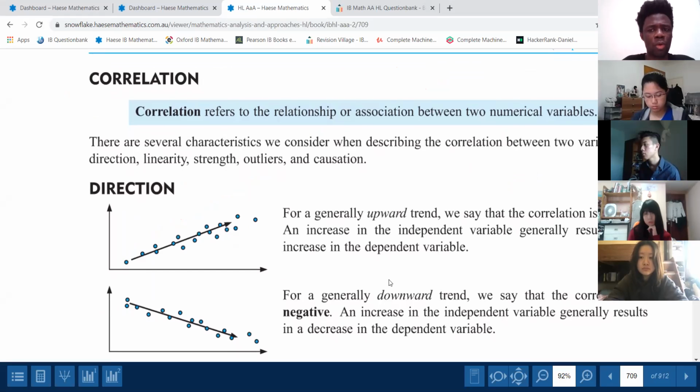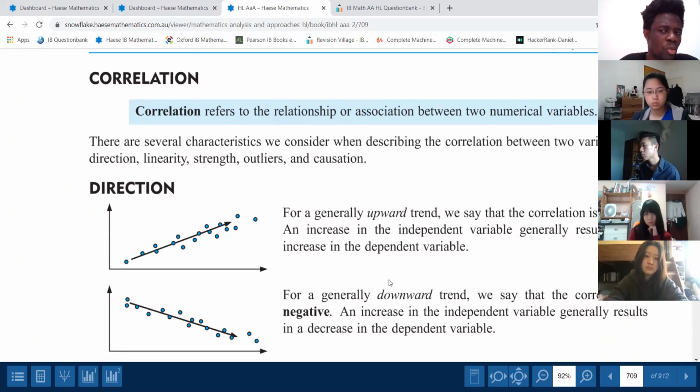So when talking about the correlation, which is the relationship between two variables, there are some things that we want to take into consideration when describing them. The direction, just like the direction of a line. Linearity: is there a linear relationship or a non-linear relationship? What I wrote on the board earlier, ax plus b, is a linear equation.